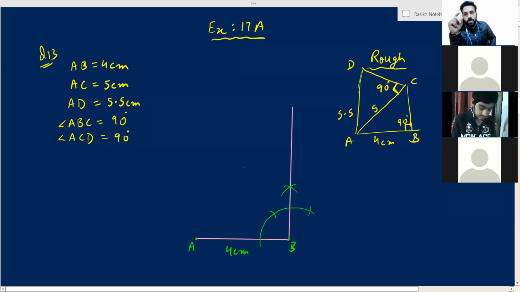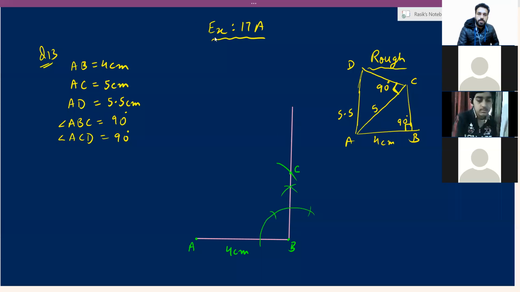Measure 5 centimeters in your compass, look at the board, everyone, and from vertex A, cut an arc on this line. The point of intersection of the line and the arc is the vertex C. This is your vertex C.